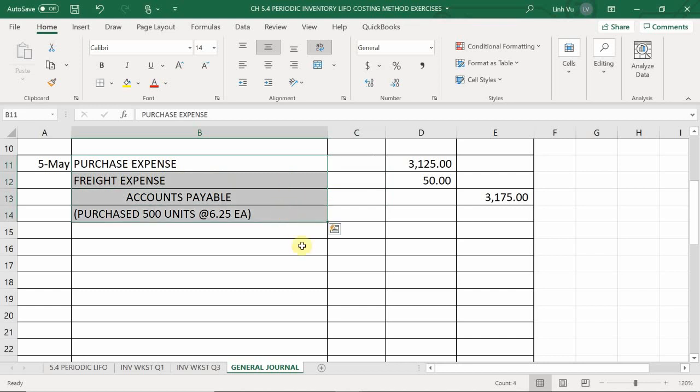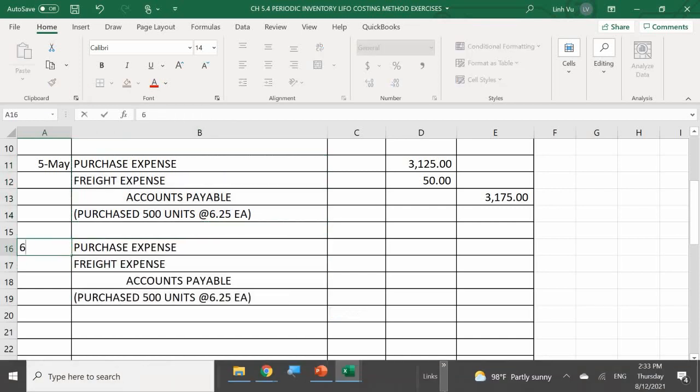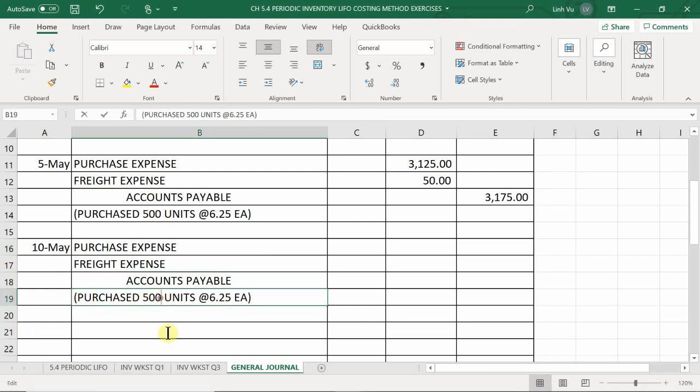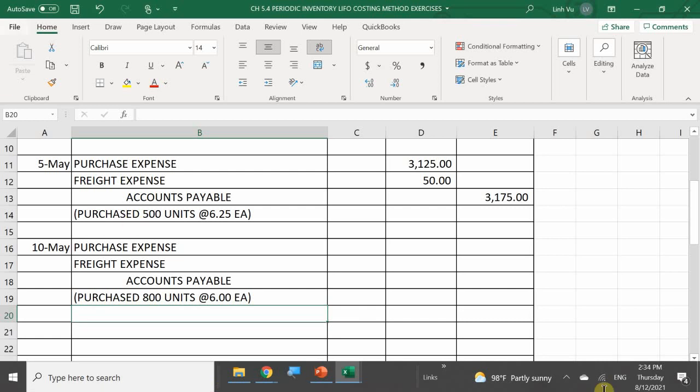Yes, it's going to look identical to the previous one right here. And what is it? 510 now. All right. And we're going to change this because we end up purchasing 800 units this time at $6 each. And we already solved for these numbers in our inventory worksheet.